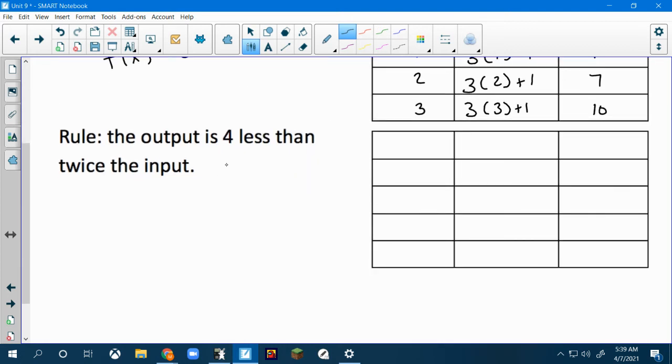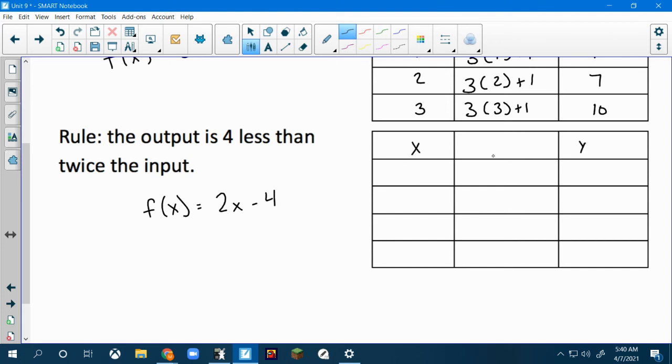Rule here, the output is 4 less than twice the input. F of x is twice the input, and it's 4 less than twice the input.